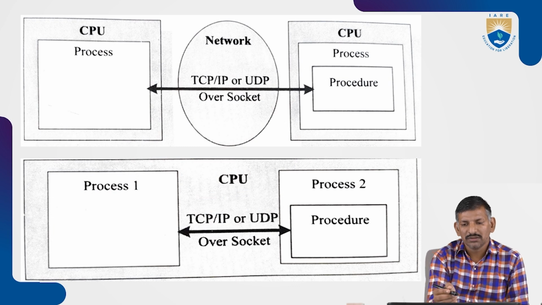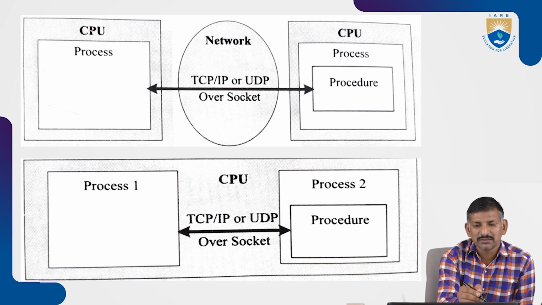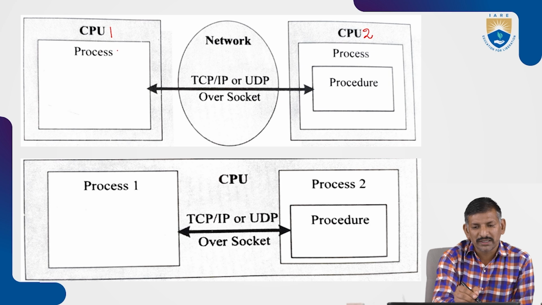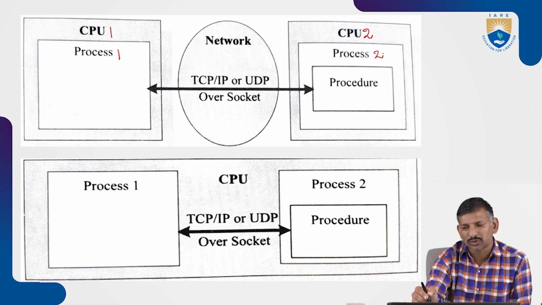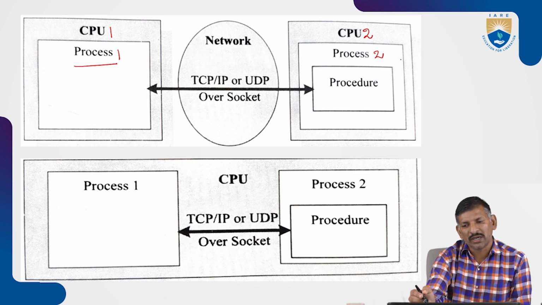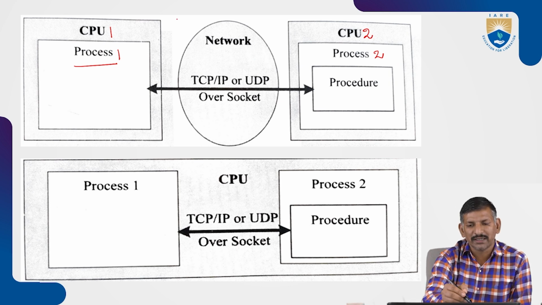Like this, this is one device that contains CPU 1. I am taking another device that contains CPU 2. Here CPU 1 contains process 1, and CPU 2 contains process 2. Whenever process 1 requires information from process 2, at that time it will call process 2 by using system calls, where both are interconnected over Ethernet or Wi-Fi.